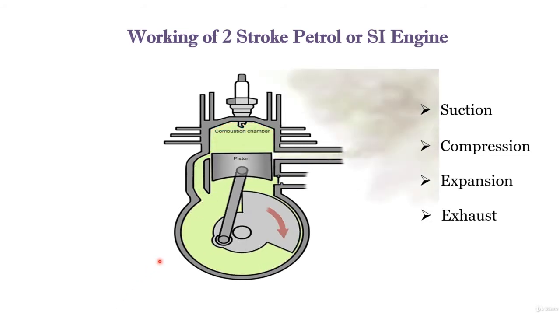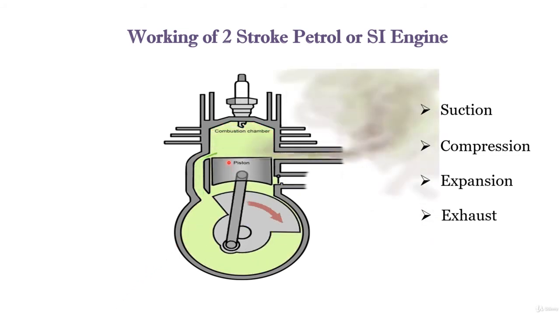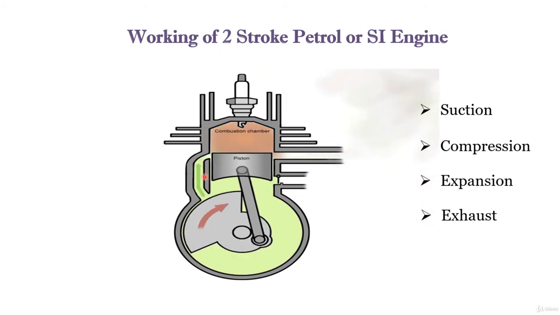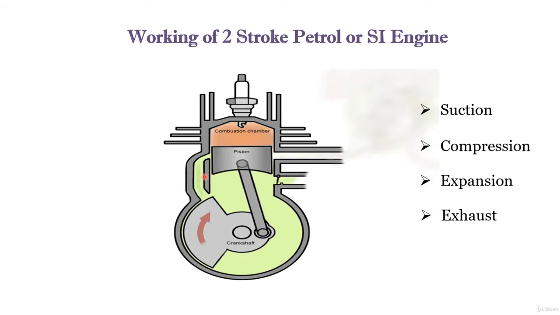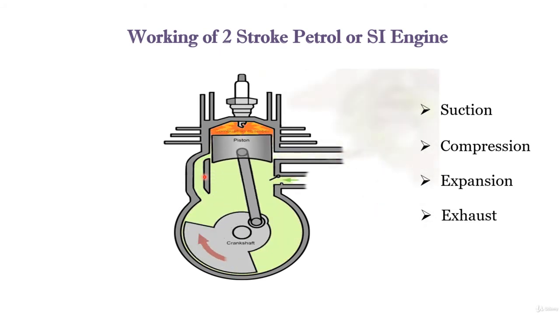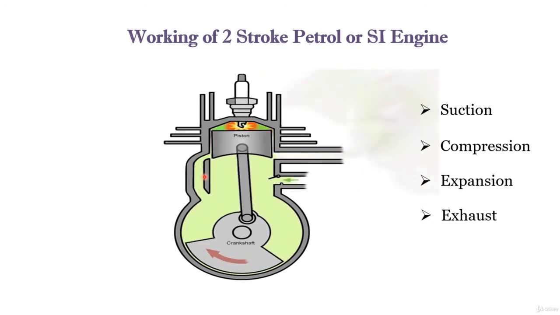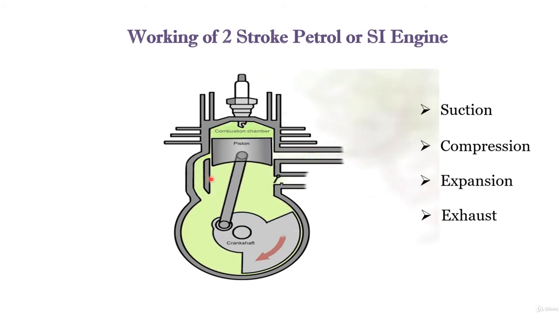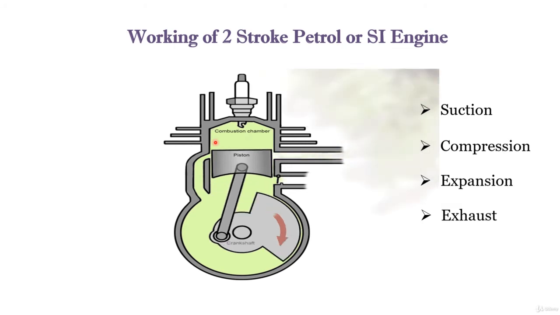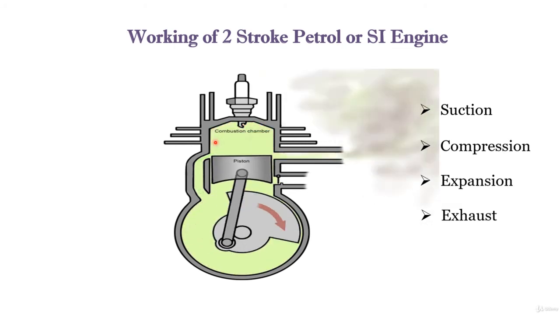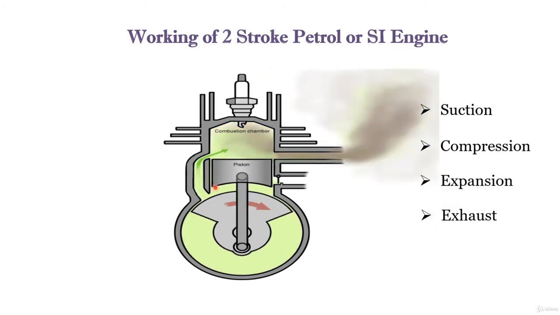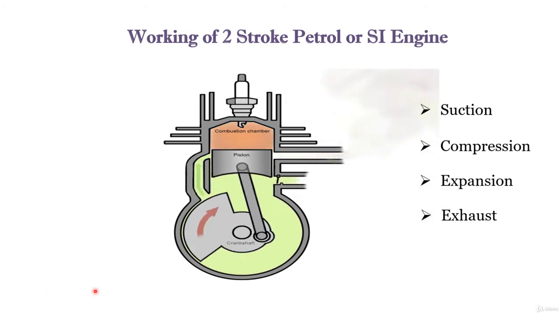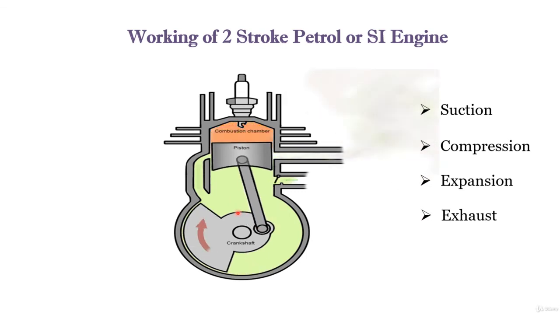The distance moved by the piston from TDC, top dead center, to BDC, bottom dead center, is called a stroke. In two-stroke engines, the piston moves from TDC to BDC and again from BDC to TDC. So in these two strokes, the entire operation is carried out. That means the cycle is completed in one revolution of the crankshaft.